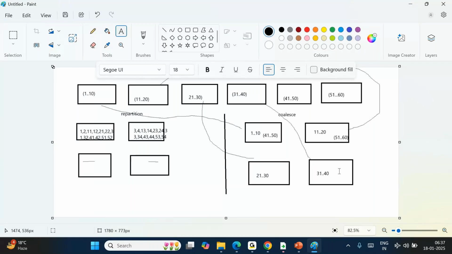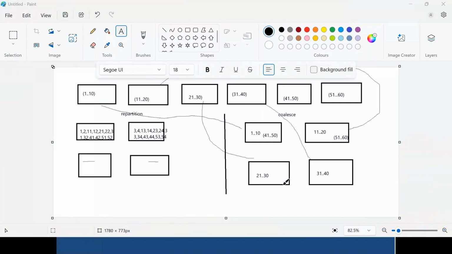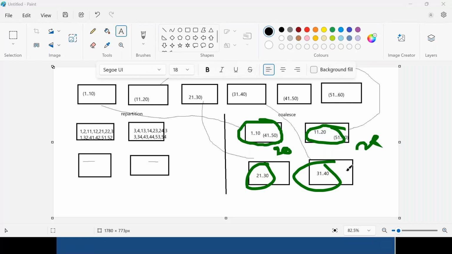Uneven data distribution. Uneven data distribution happened. The reason is that here 20 records are there, but here only 10 are there. But in the repartition case it is not like that. Out of all the 60 records, it can evenly distribute to 15, 15, 15, 15. Understood, team?